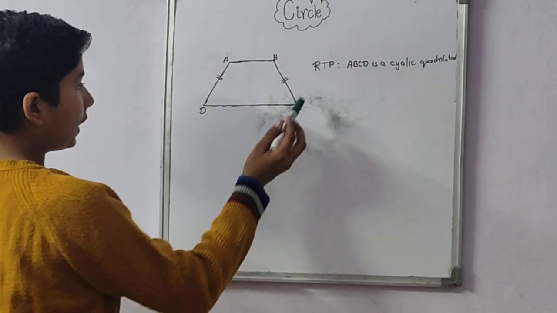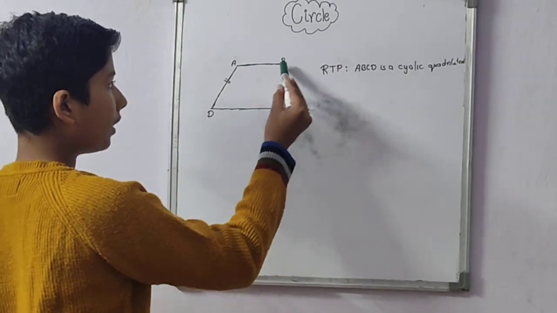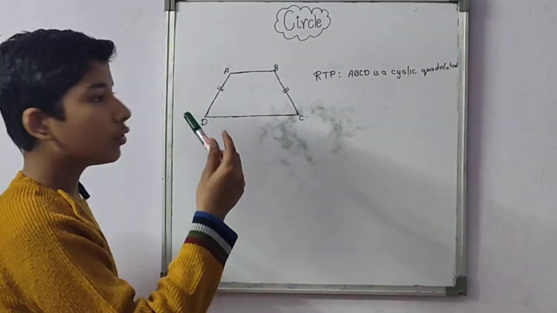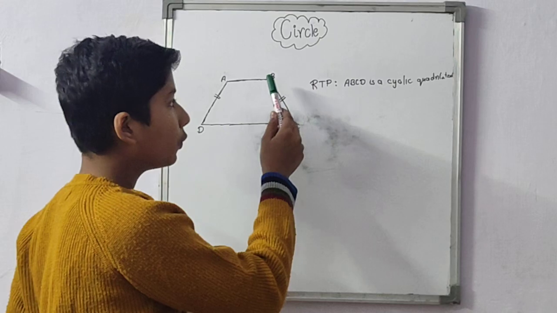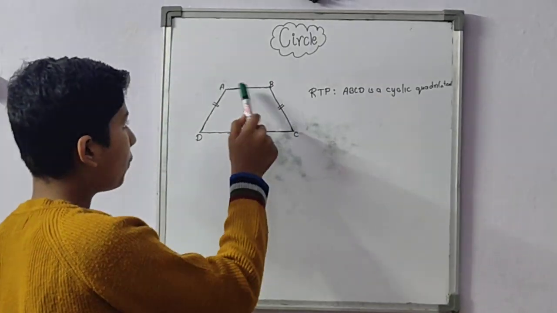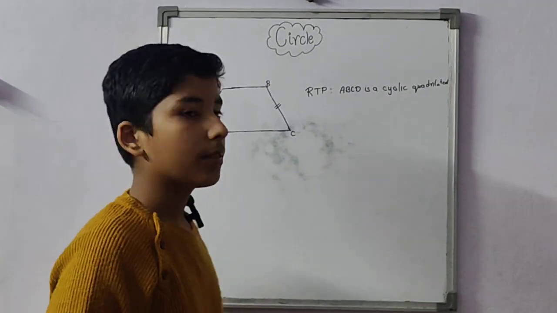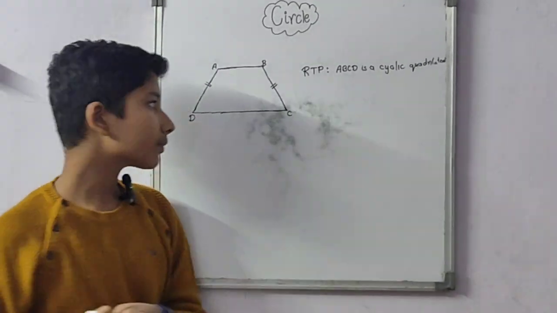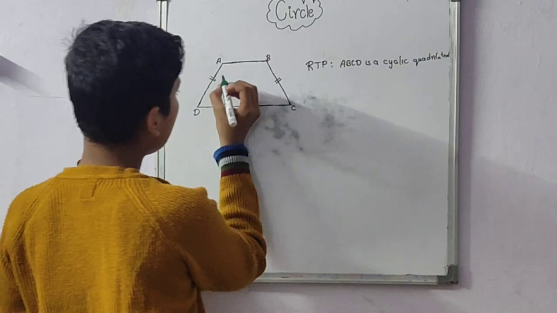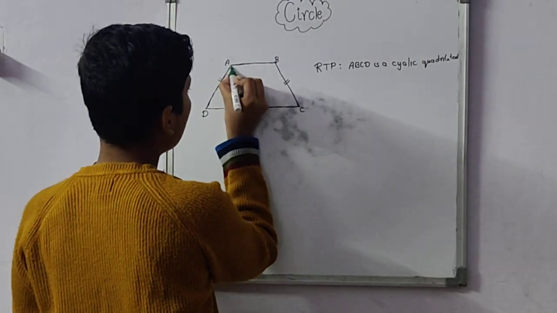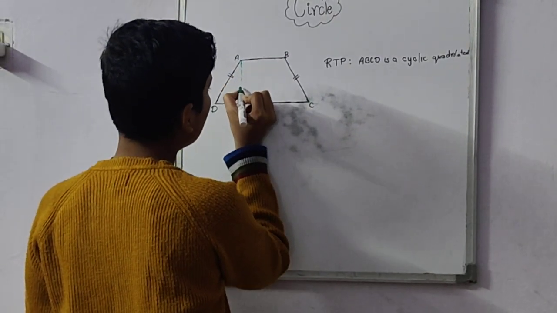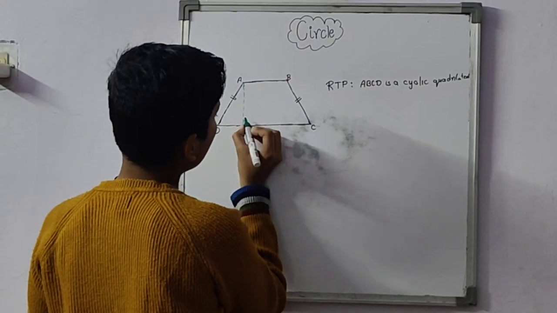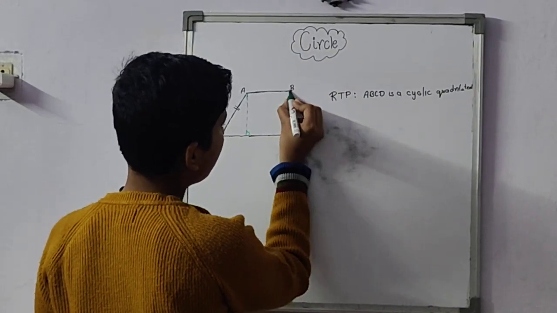Means you have to prove that this is a cyclic quadrilateral, and to prove that you just have to prove that the sum of the opposite angles in this is 180 degree, as we have done in a cyclic quadrilateral. So firstly, just do the construction which is required in everything. It will be 90 degree.